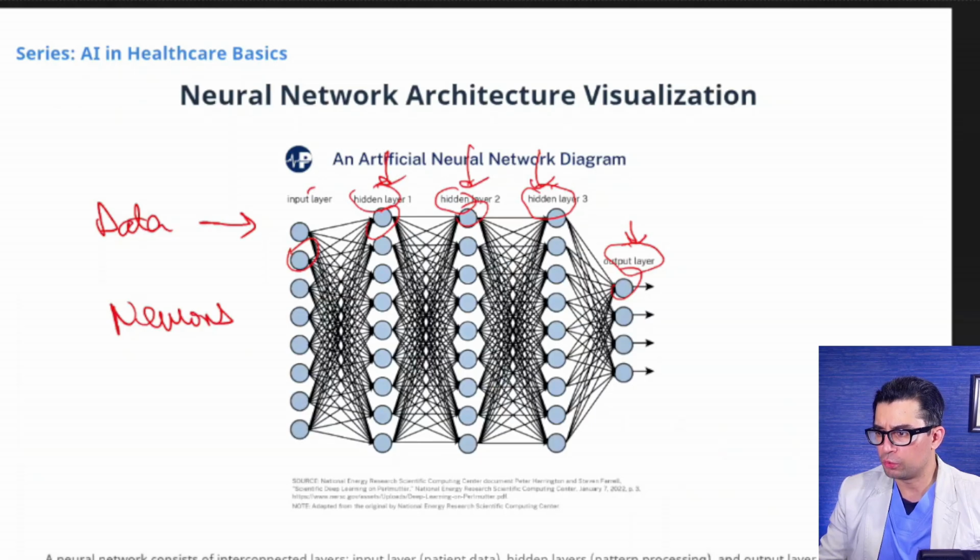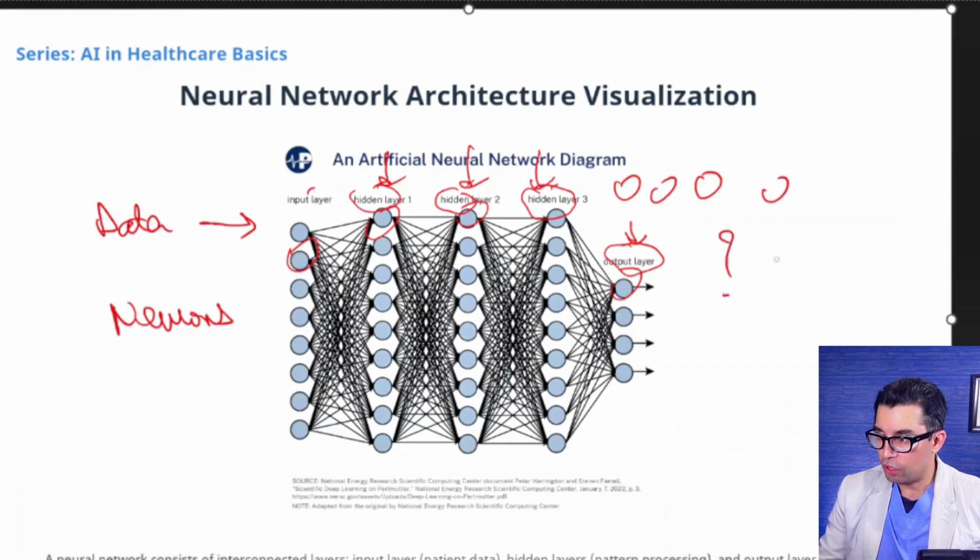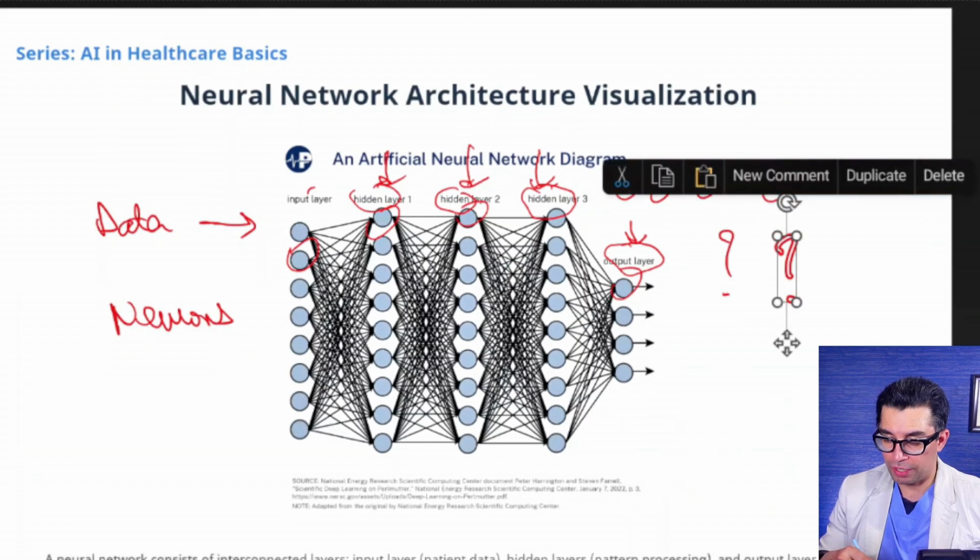But just to give you the basics of neural networks, a simple forward looking network with only one hidden layer might miss complex interactions between medications and, let's say, the patient's physiology and the patient's vitals. A deeper network with multiple layers might capture these interactions but become so complex that you can't really understand why it is making a specific recommendation.